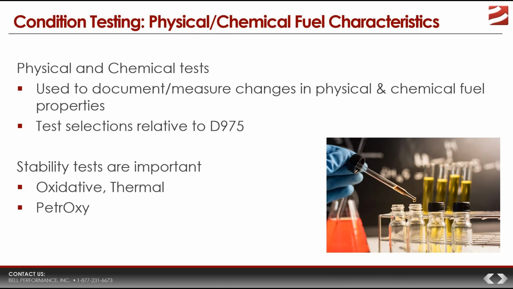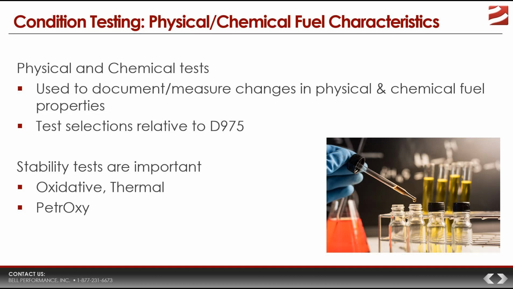Now, why doesn't D975 require stability tests? Well, the short answer is that stability tests are predictive. They give you some kind of score or measurement that predicts whether the fuel sample is going to change condition in the future. Despite knowing the importance of D975, being the fact that it legally defines what diesel fuel is, it's important for us to understand that D975 measures or deals with the current state of the fuel.